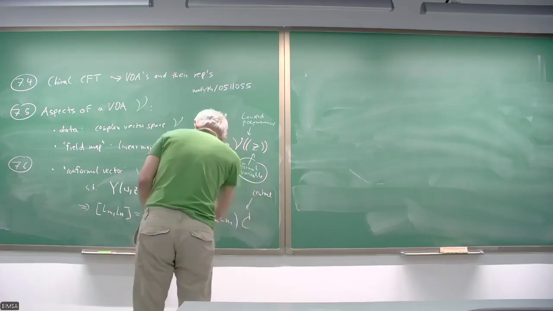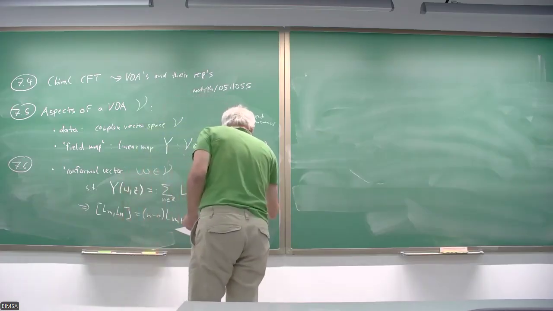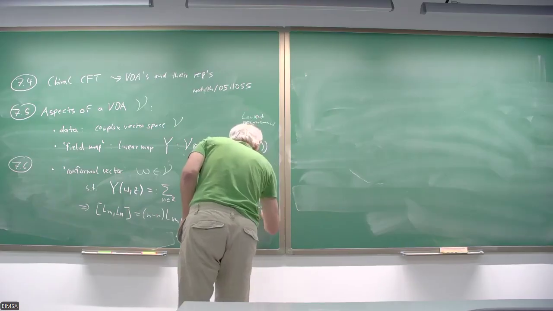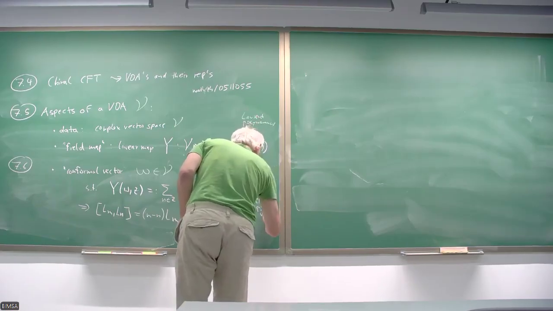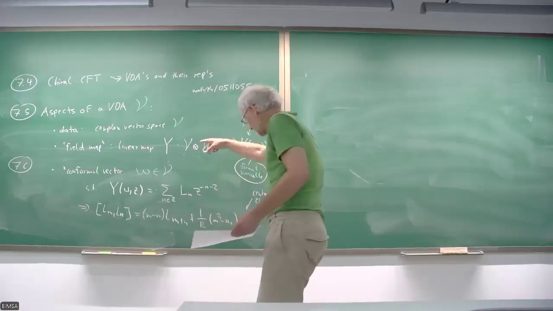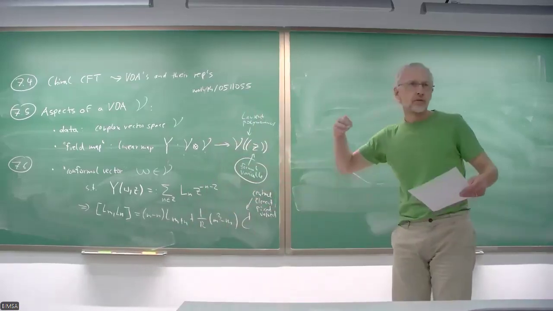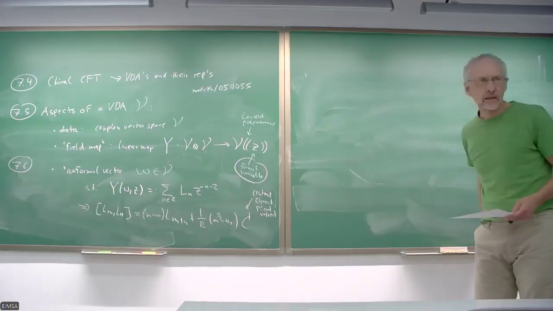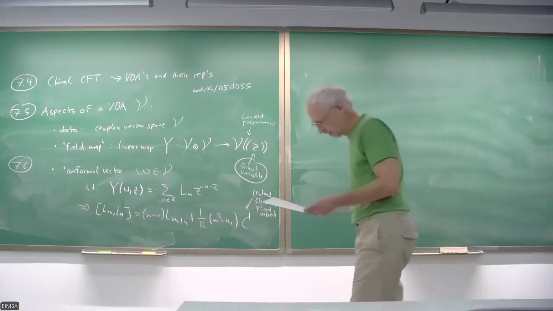In the case where I regard this just as a Lie algebra. But for a given vertex algebra, the central element is given by a fixed complex number times the identity.